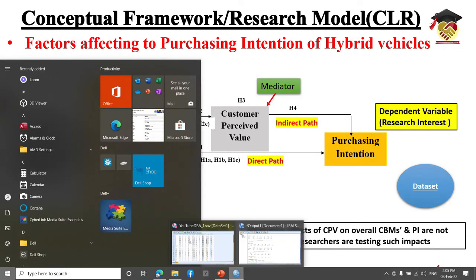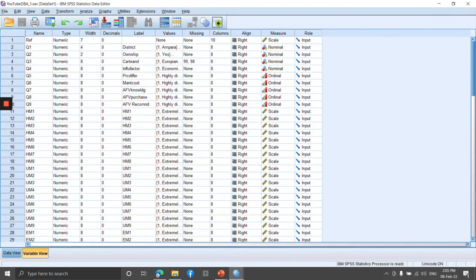So we'll go to the data set, it is already there, right? Okay, so now we will check the UM, that means the second independent variable. I already told you very clearly, you will have to test all three relationships separately.